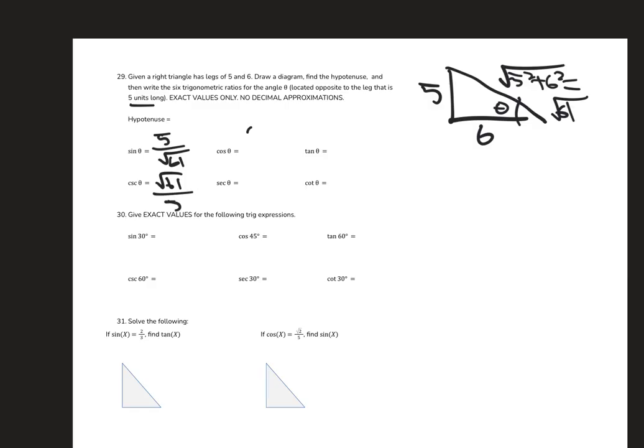The cosine would be 6 over root 61, so the secant would be root 61 over 6. And the tangent of theta would be 5 over 6, which means the cotangent would be 6 over 5. All right.